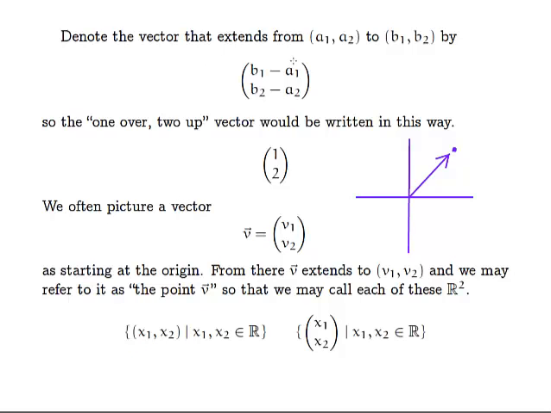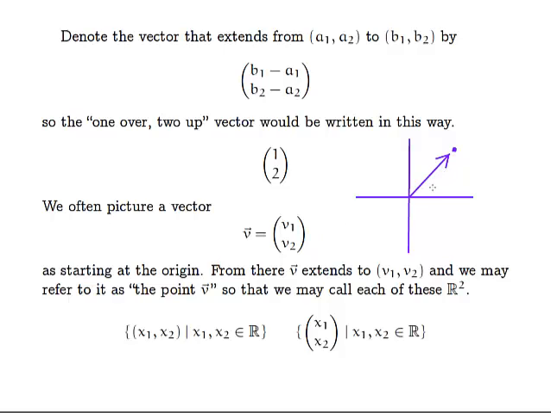So again, we repeat that point that the vector from A1, A2 to B1, B2 is represented as a pair of numbers, and each component is the difference between the 2 corresponding coordinates. So we picture a vector often as starting at the origin, as in this case.